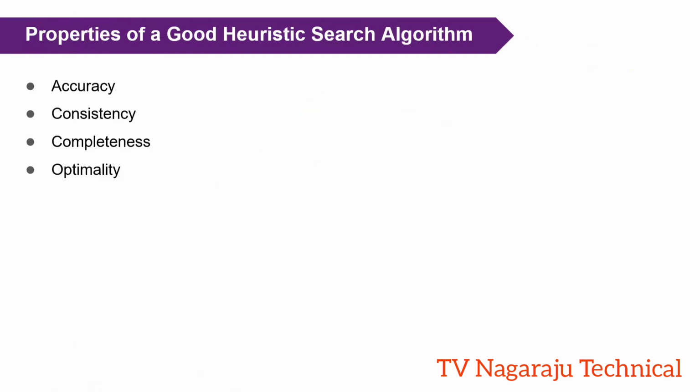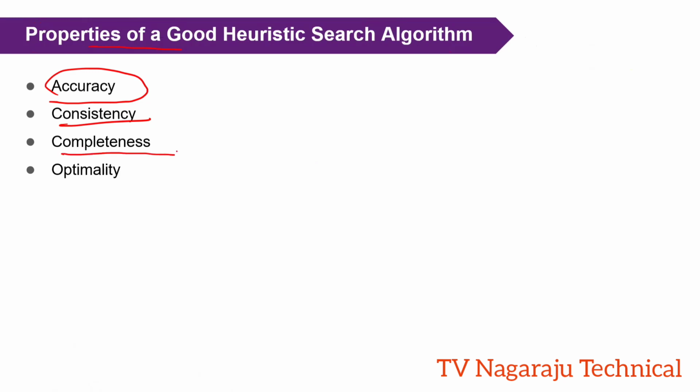And the final thing is, what are the properties you need to consider for selecting a good heuristic search algorithm? Accuracy means the approximation of the actual cost for reaching the goal is good. Consistency means if you apply it any number of times, it reaches the goal with a lower cost.